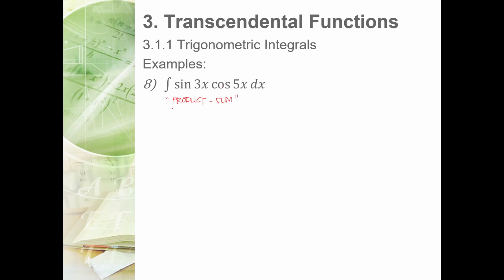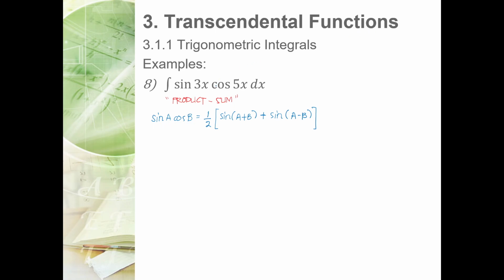Okay, so for the sine cosine function for product to sum, that will be sine A cosine B is equivalent to 1/2 of sine A plus B plus sine A minus B. So that's the given equation.